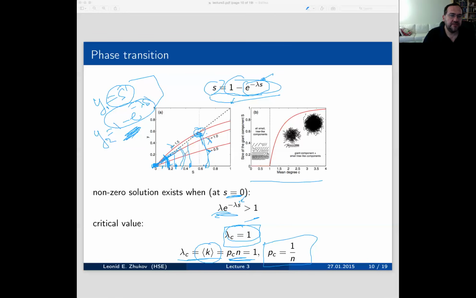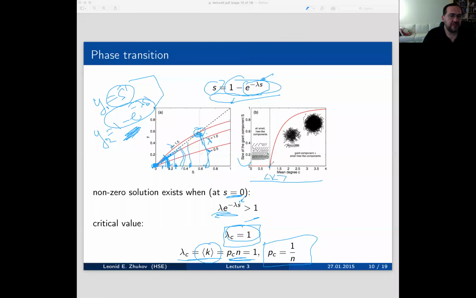So we can plot the size of the connected component, as a solution of this equation, as a function of average degree. You see that the size of the gigantic connected component is equal to 0. It doesn't exist until we reach the critical value, where the mean degree becomes 1.